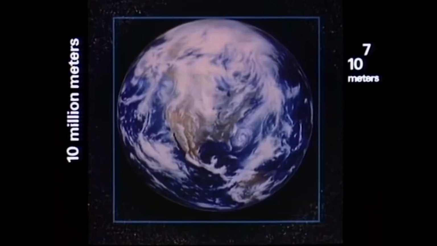When we look at 10 to the 7th power, we see that our field of vision has expanded to include the entire Earth in that box. So if we are at 10 to the 0 power, the world we're familiar with, at 10 to the 7th power, that's the size of the entire Earth.